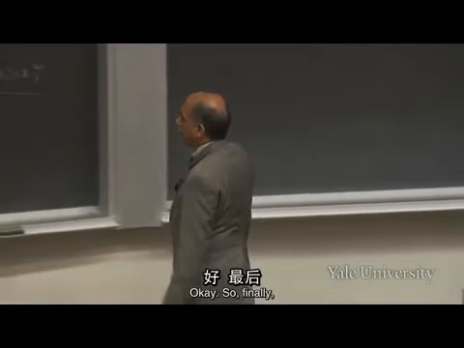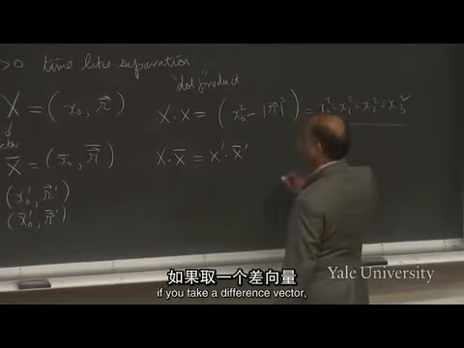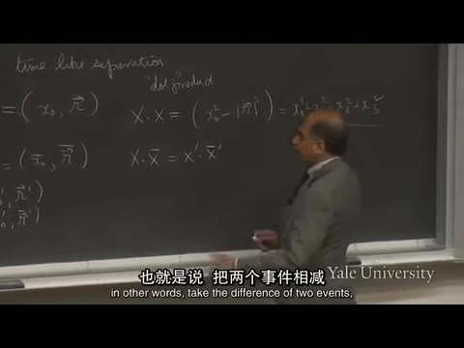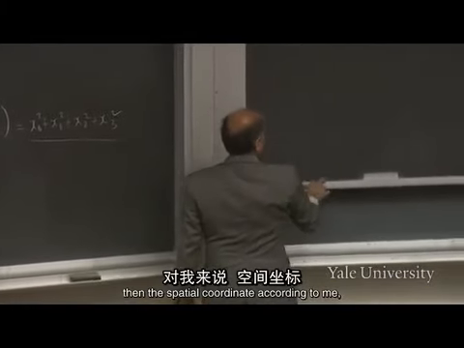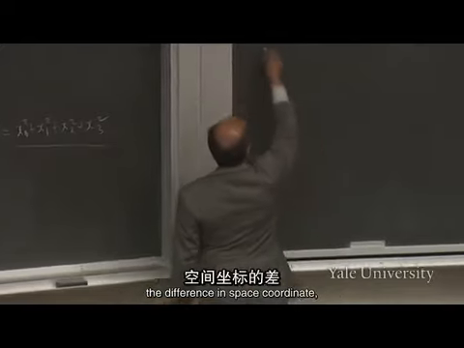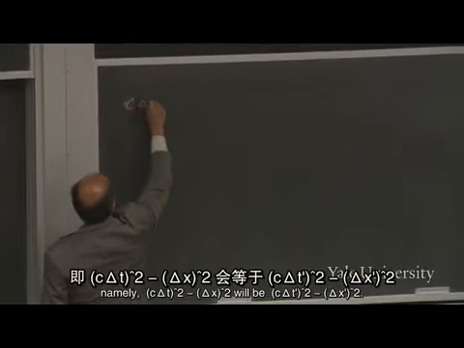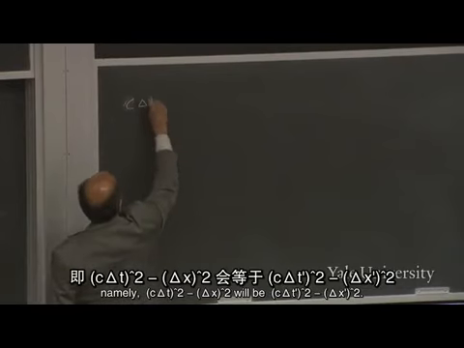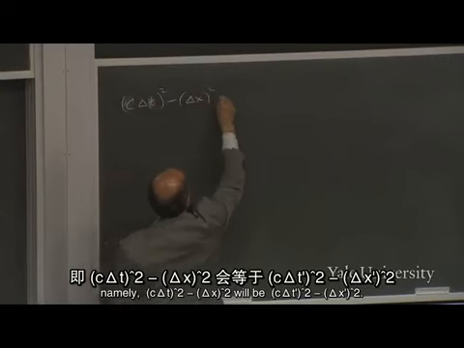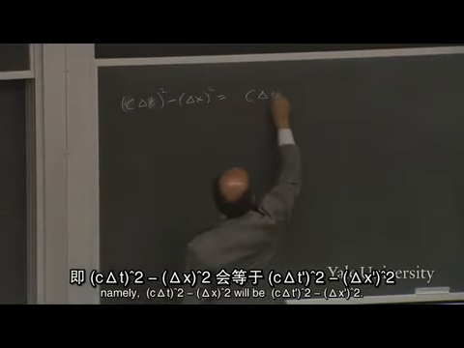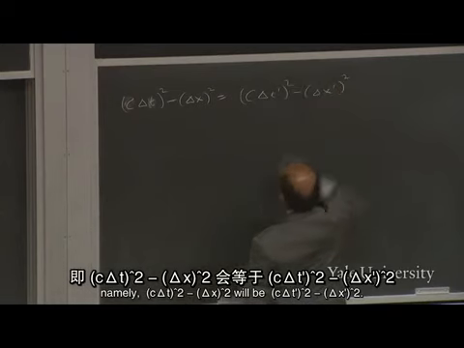Okay, so finally, if you take a difference vector, in other words, take the difference of two events, then the difference in space coordinate, namely c times delta t squared minus delta x squared, will be c times delta t prime squared minus delta x prime squared.